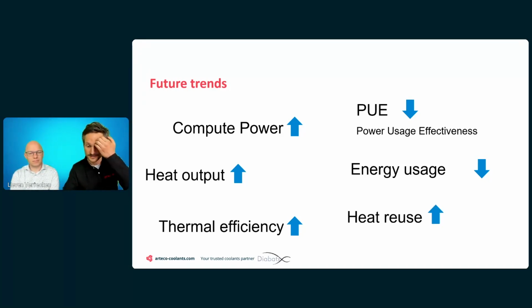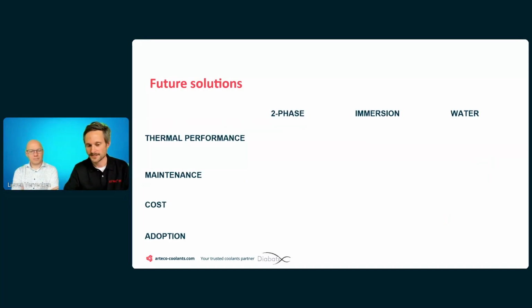And there's also something like heat reuse that is coming up more and more, which is actually the use of the heat that is being generated by the chip for other means, like heating up swimming pools is something that is much referred to these days, but it could also be district heating or something else. And the solutions to solve all these things for the future, as it looks today, could be three technologies.